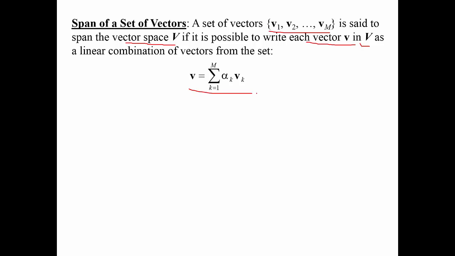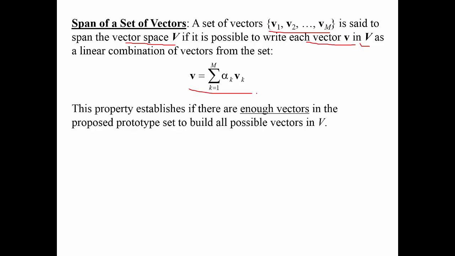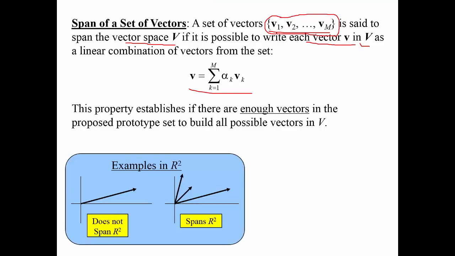But this says nothing about how many are in that set, if there's too many. Basically, needing span says that we've got enough vectors in our prototype, so we're not missing anything here. We can build everything, but there might be some redundancy in here. That's what comes up in the next characterization.